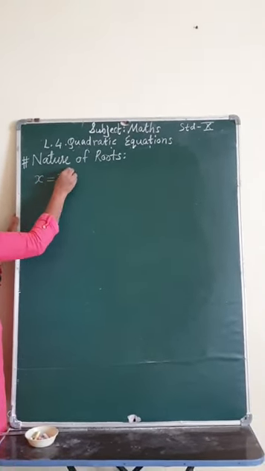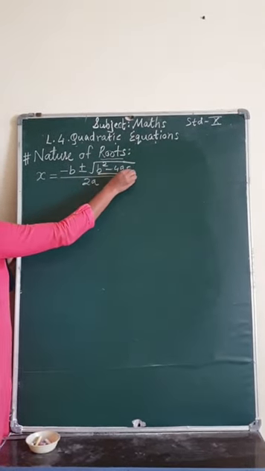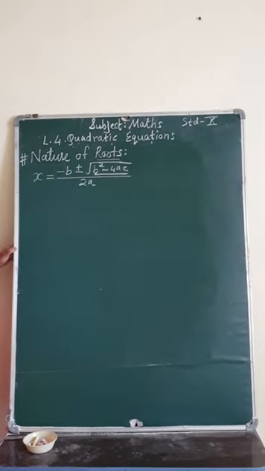Now we have to find the nature of roots, and what will help us know whether the roots of a quadratic equation are real or not real. Since this expression is under the root sign, we say that b square minus 4ac determines the nature of roots.